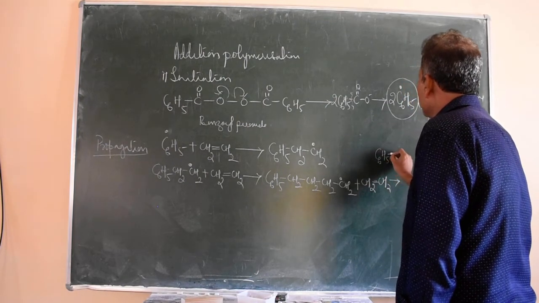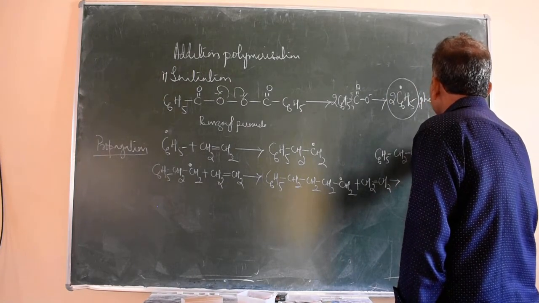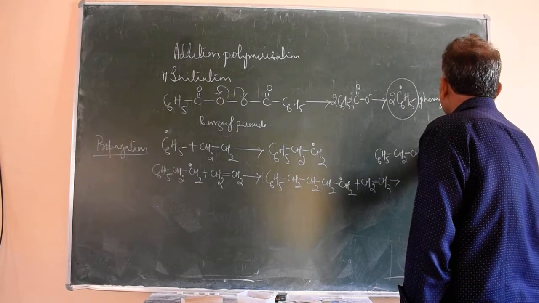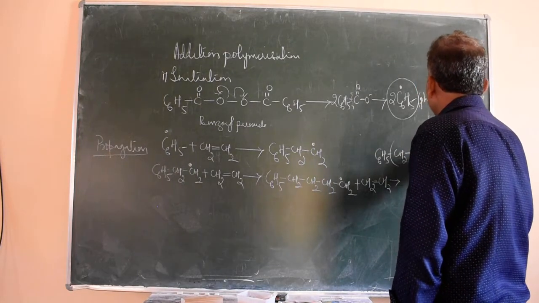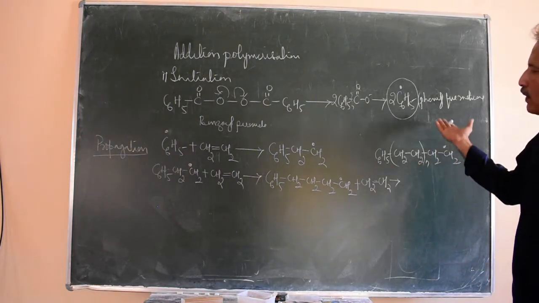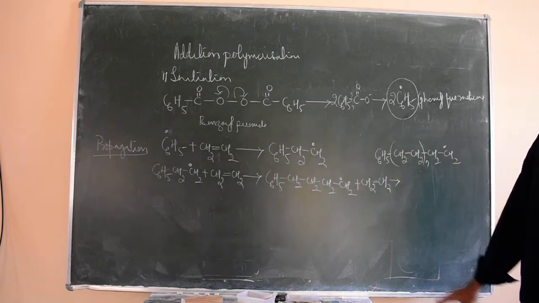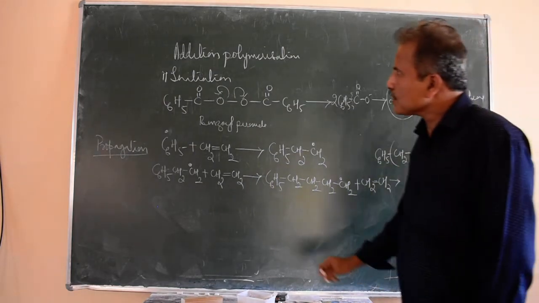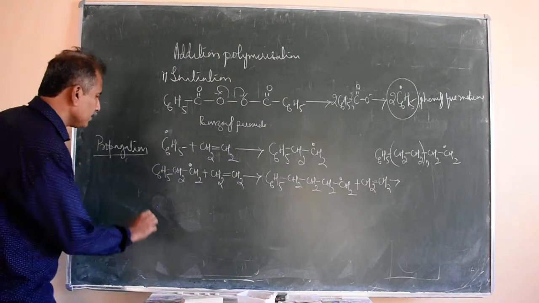C6H5-CH2-CH2-CH2-CH2, and the length of the chain will increase. It goes on increasing like this. Okay, so this is how it goes on propagating. And the last step in a free radical mechanism is termination.